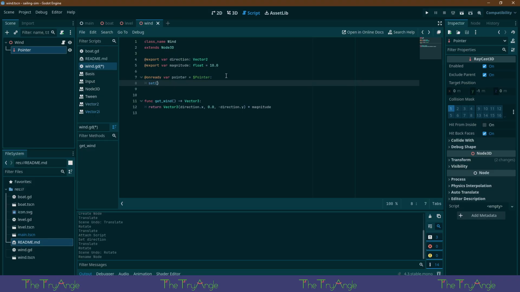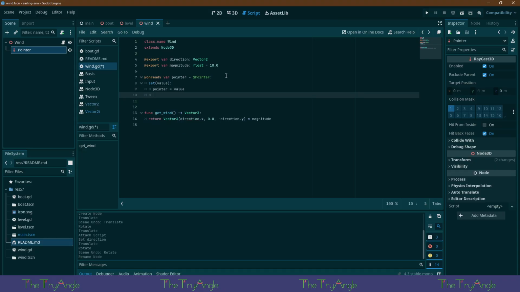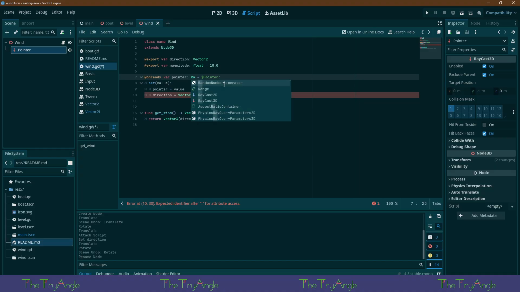Let's see. You set value. And first thing we have to do, weirdly enough, is do this. And then I'm going to set the direction, but I'm going to do it as a unit vector. Value dot. This isn't just a pointer. Say it's a raycast 3D.